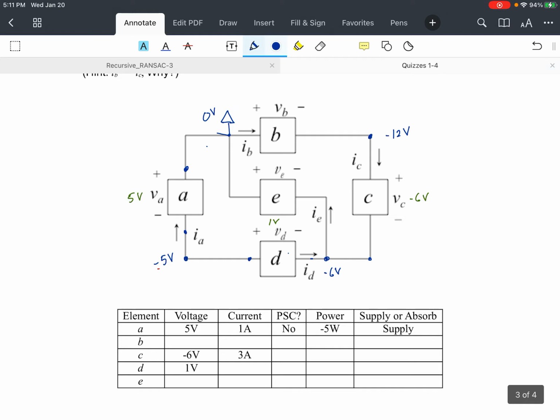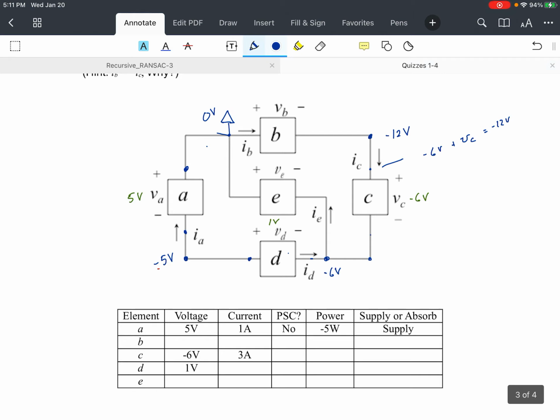So again, we just think of VC without worrying about the signs. This has to be VC higher than that point. So another way to think about this location: it's going to be minus 6 volts, and then we have to add to it VC because it's VC higher. And since VC is minus 6, that's minus 12 volts.